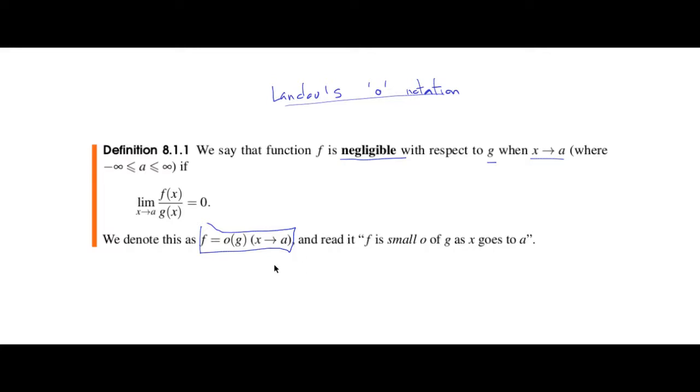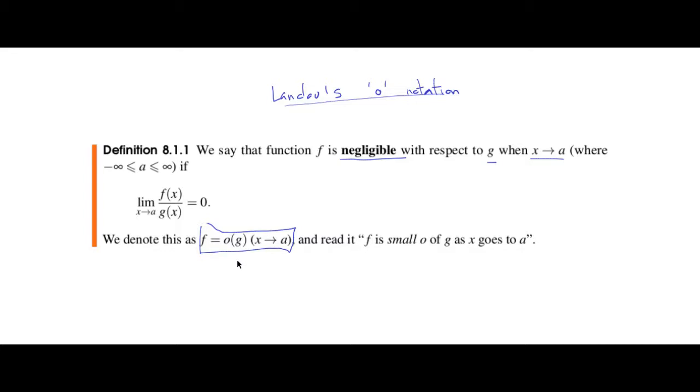Let me first give you an intuitive understanding of this, then we'll go on to some properties and then some examples, right? So the idea here is that when x goes to a, right, the value of f is very small when compared to the value of g, right?